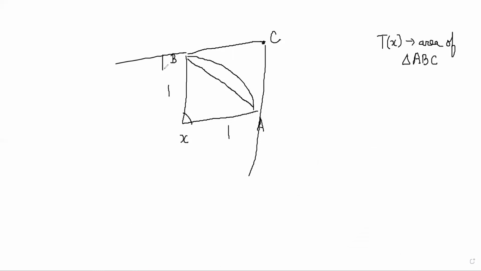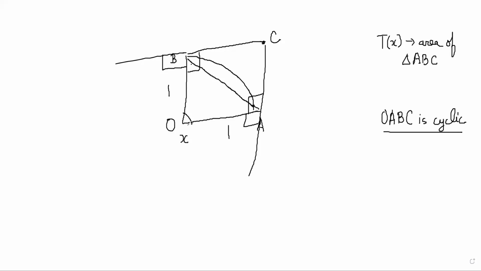So this angle is 90 and this angle is 90, right? Correct? So this OABC is a cyclic quadrilateral. Cyclic because opposite angles are supplementary, right?